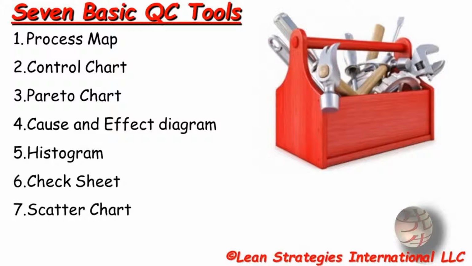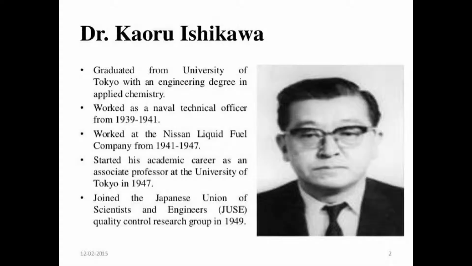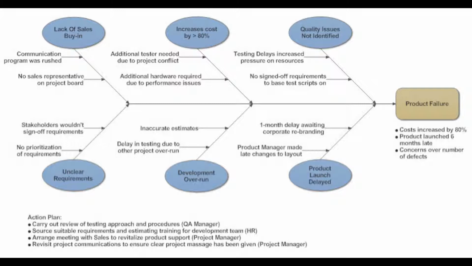The next tool we will talk about is the cause and effect diagram. The cause and effect diagram is one of the most common and well-known quality tools available, developed by Dr. Ishikawa. The cause and effect diagram is a method of linking and organizing factors that affect an issue or problem being investigated.